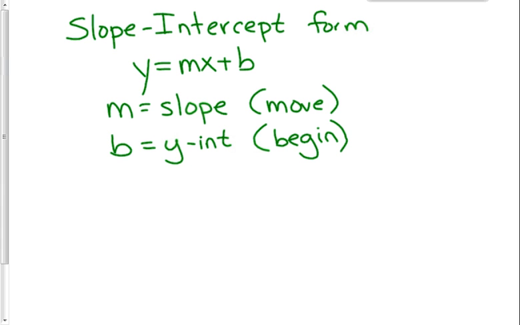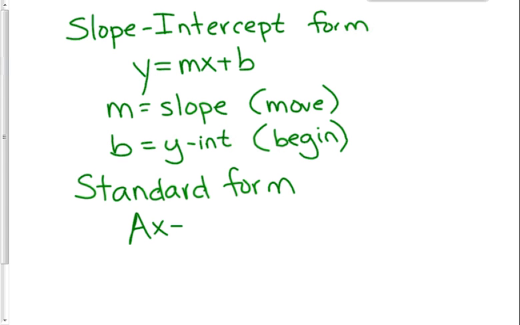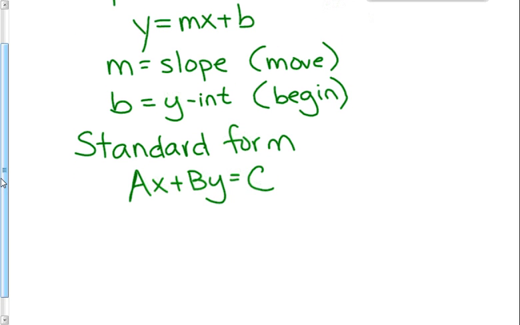So when you see a line with this equation, you're going to use the methods we did in the slope-intercept form video. And what we talked about today is called standard form. Standard form is ax plus by equals c. So when you see an equation in this form, this is when you graph by finding the x and y intercepts.